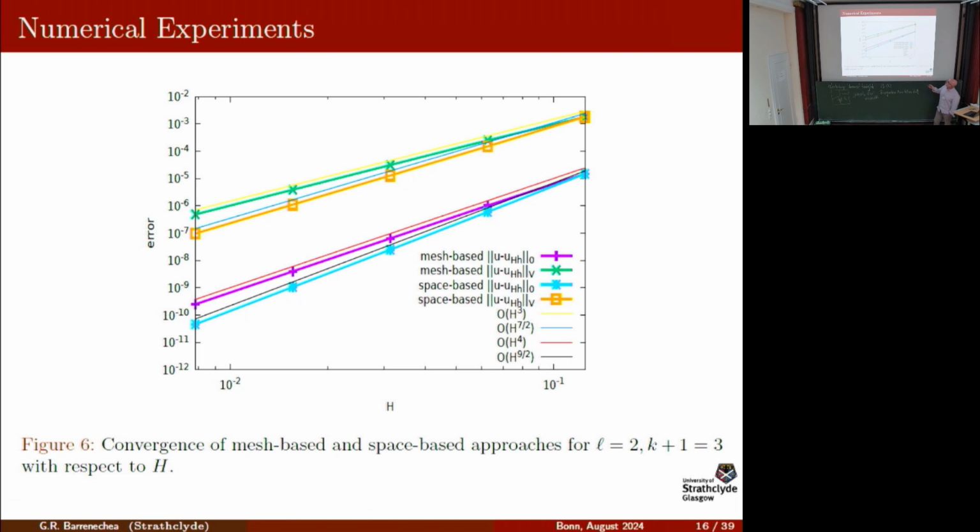So what I was saying is that essentially we get optimal convergence H2, the right exponent convergence in this refinement, this H version, while the space-based convergence we gain an order, 1/2 order actually, H2 1/2.